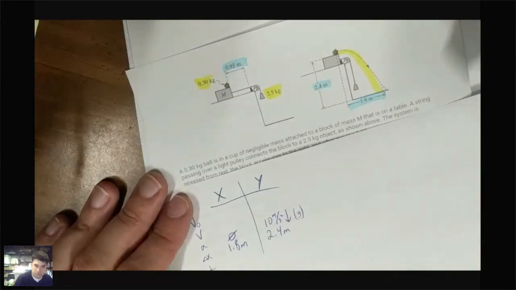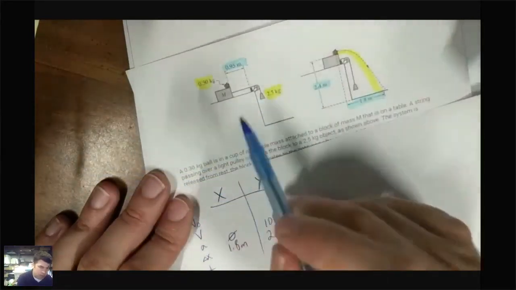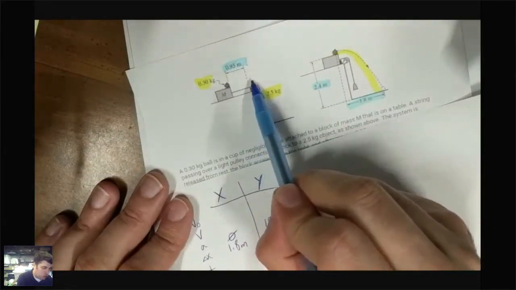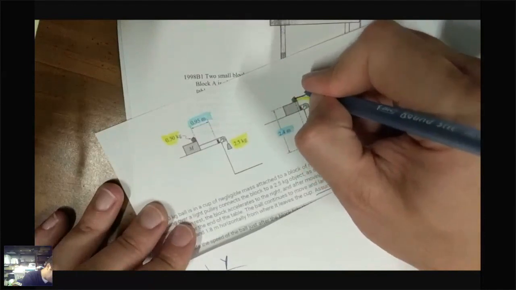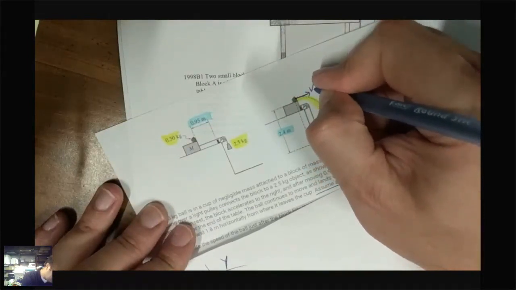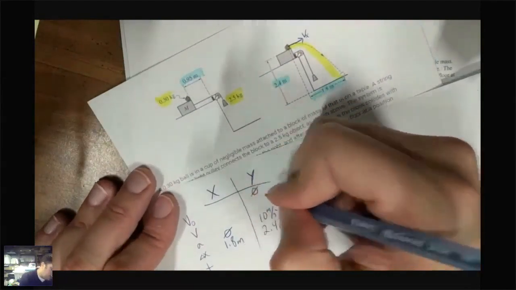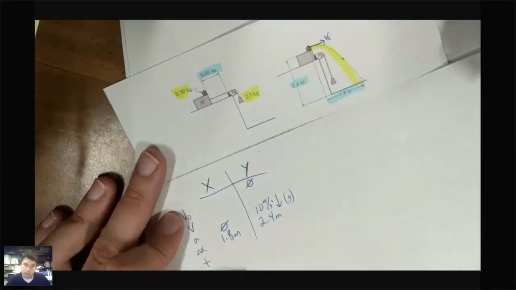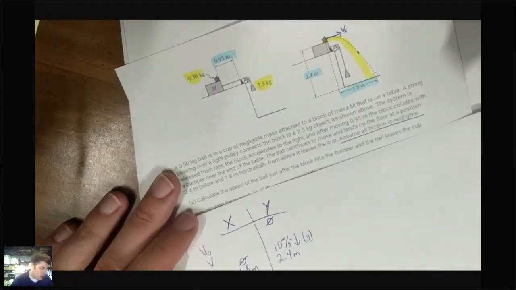I also know that this is moving just sideways at the beginning. Like this ball is only moving sideways, which means when it leaves here, its velocity is strictly in the X direction. So there is no velocity in the beginning vertically. It's completely horizontal. Okay. All right.